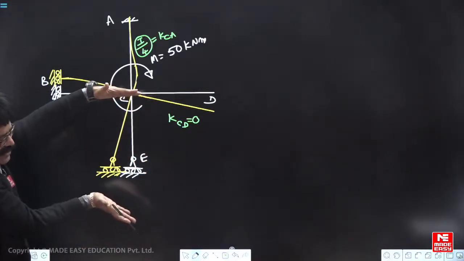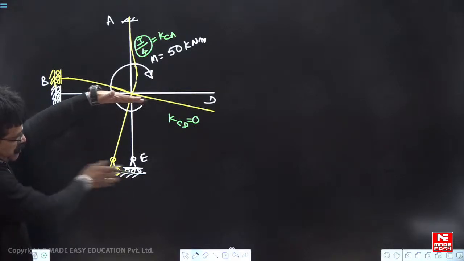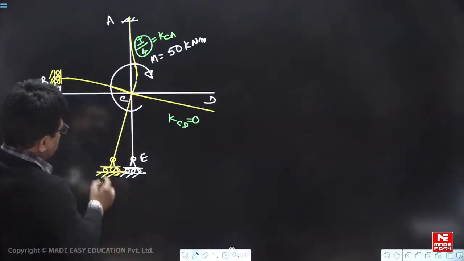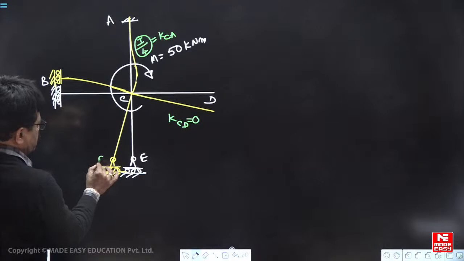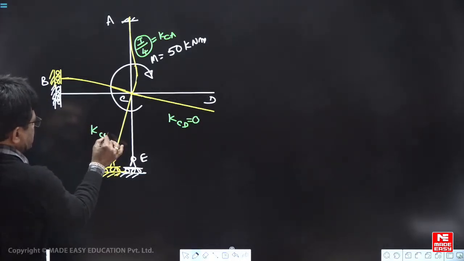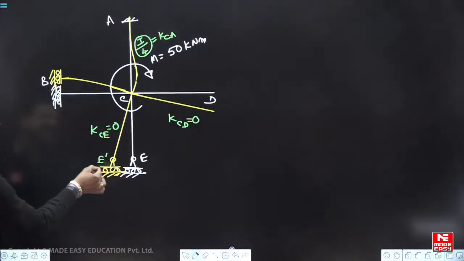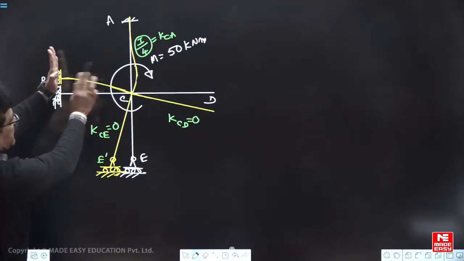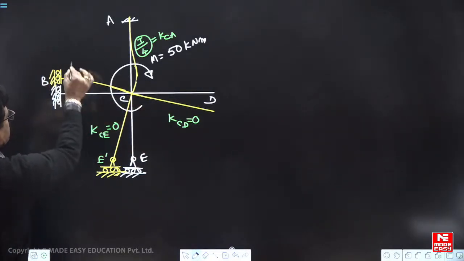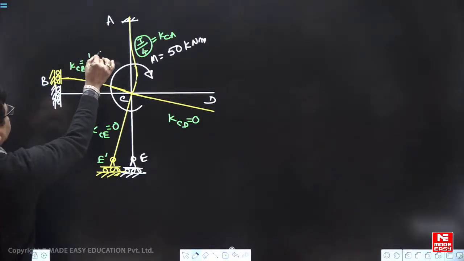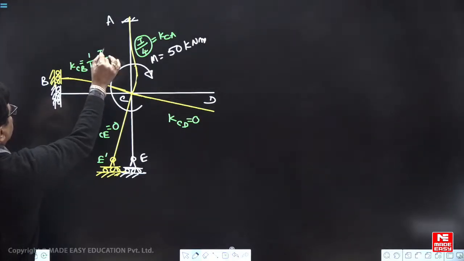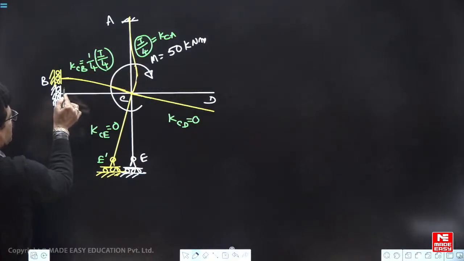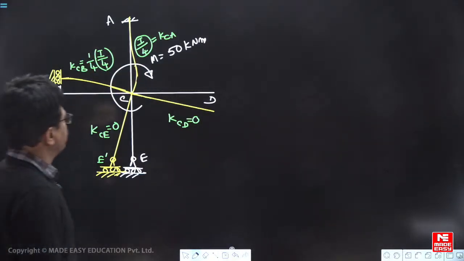Wherever you stand, look right side, bending moment is 0, because no reaction. That means here also E will go to E dash, KCE is also relative stiffness 0. This is now like a cantilever beam, KCB, 1 by 4 I by L. If this is I by L, this is 1 by 4 I by L.